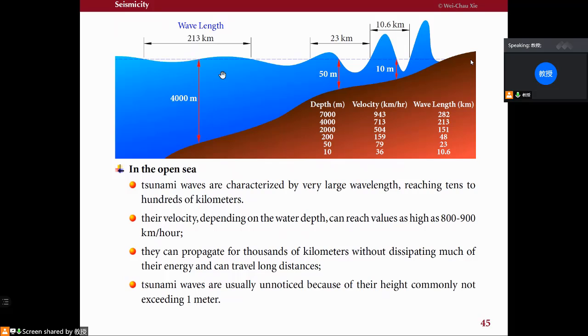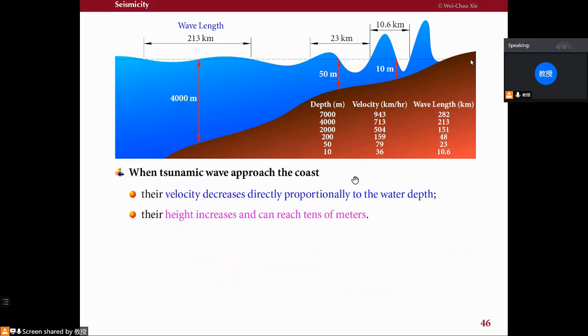Now when a tsunami wave approaches the coast, their velocity decreases in direct proportion to the water depth because it becomes shallower and shallower. H is smaller, therefore the velocity is smaller. Their height increases and can reach tens of meters.